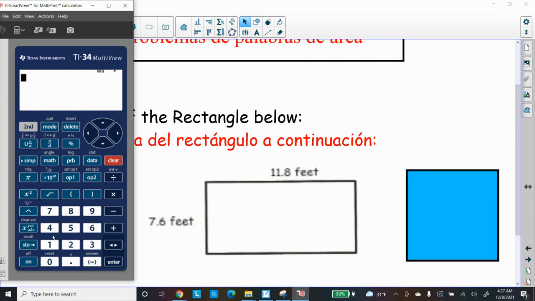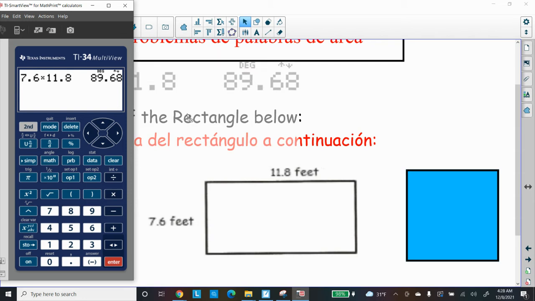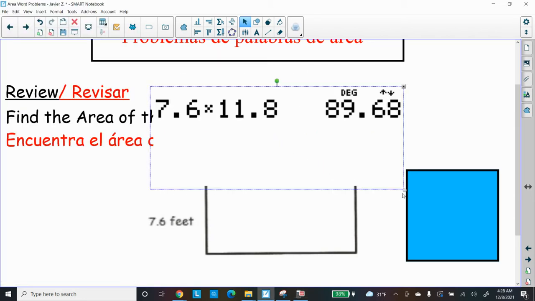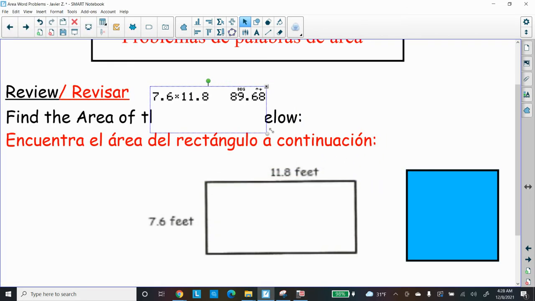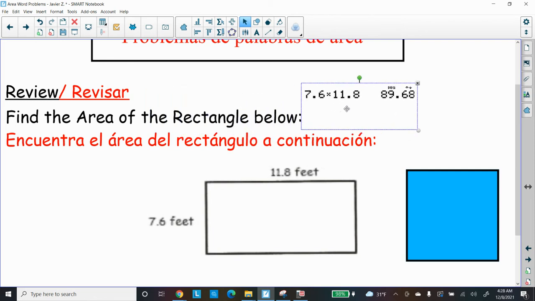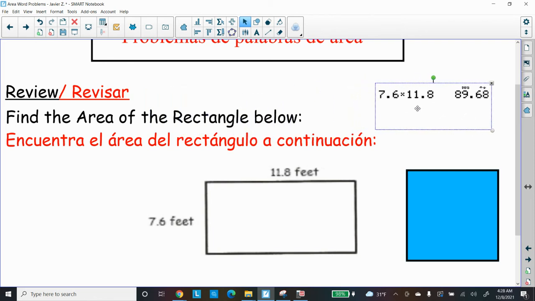I'm going to multiply the length and the width, 7.6 times 11.8, and that'll give me my area, which is 89.68. And remember, we're talking about the space inside of a figure, so that's square feet.